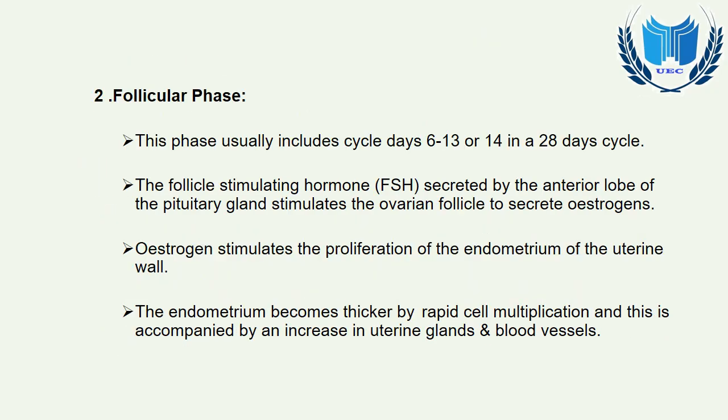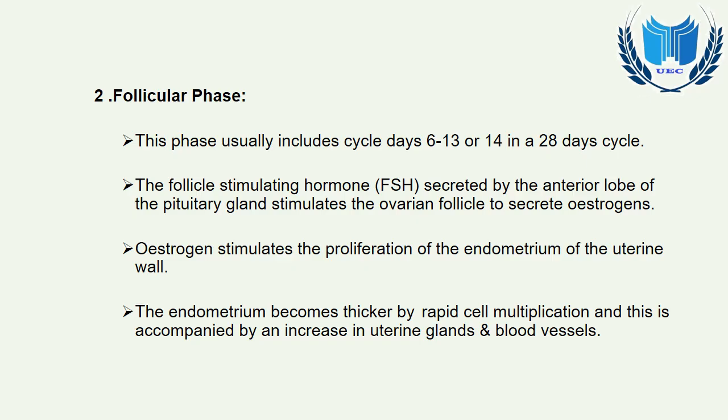The second phase is the follicular phase. This phase usually includes cycle days 6 to 13 or 14 in a 28-day cycle. The follicle stimulating hormone, that is called FSH in short, secreted by the anterior lobe of the pituitary gland, stimulates the ovarian follicle to secrete estrogens.